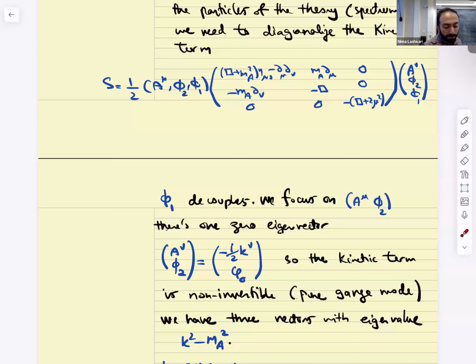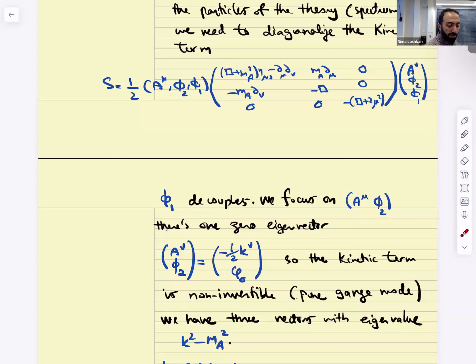For this to be gauge invariant, what matters is that this 2 by 2 matrix has a 0 eigenvector. So that's not invertible, right? We saw that was a property of gauge invariant theories, right? The propagator was not invertible. All right, here's the 0 eigenvector.